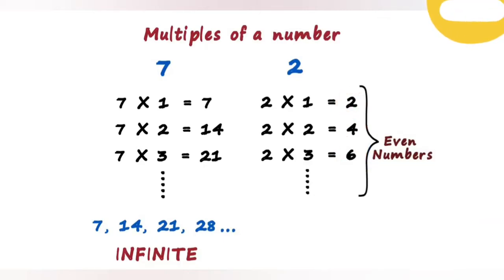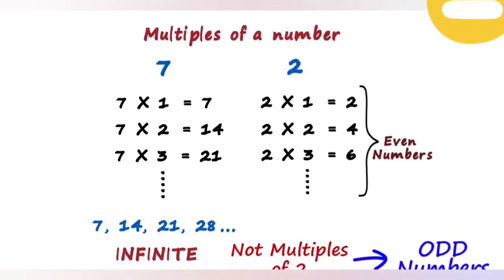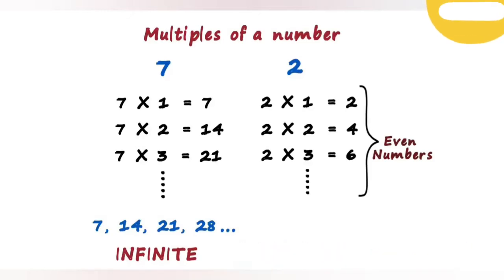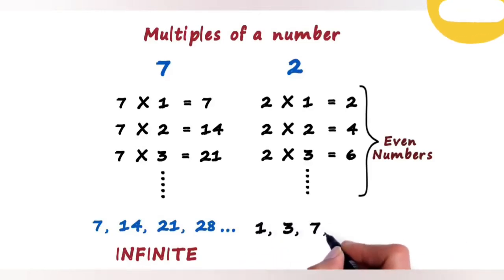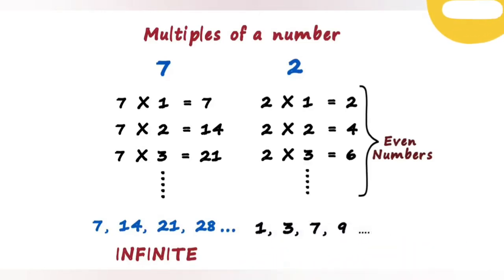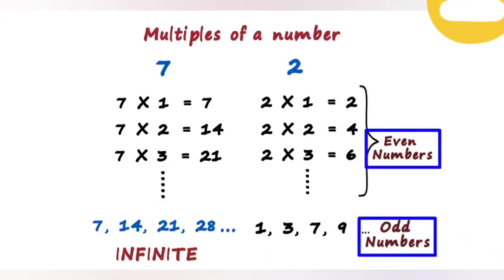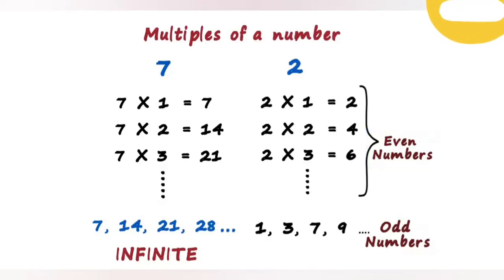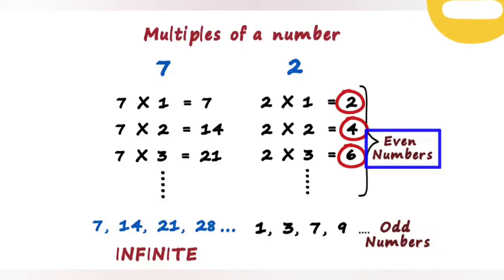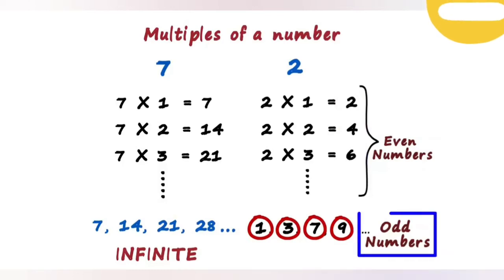And what about the numbers which are not multiples of 2? The numbers which are not multiples of 2 are called odd numbers. So the numbers 1, 3, 7, 9 and so on are odd numbers. This concept of even and odd numbers is very important no matter which grade you're in. Multiples of 2, even. Non-multiples of 2, odd.